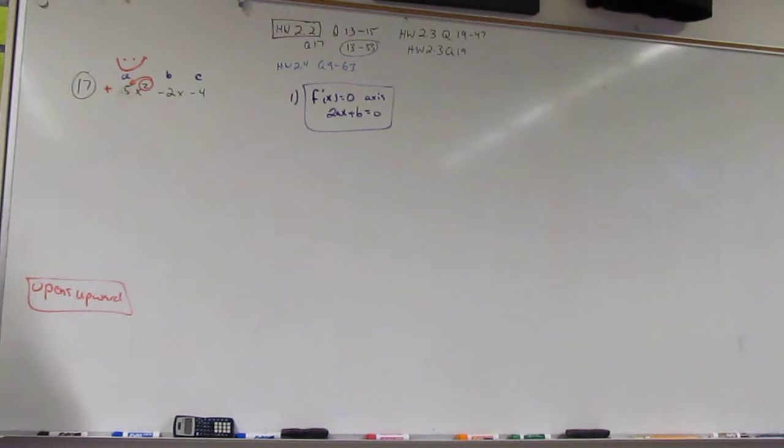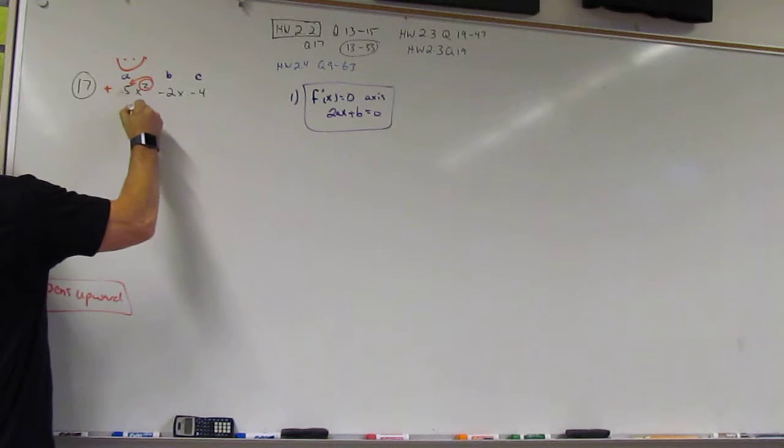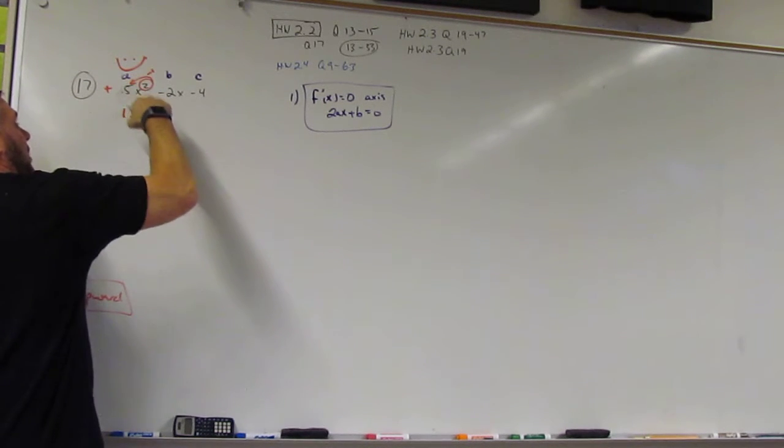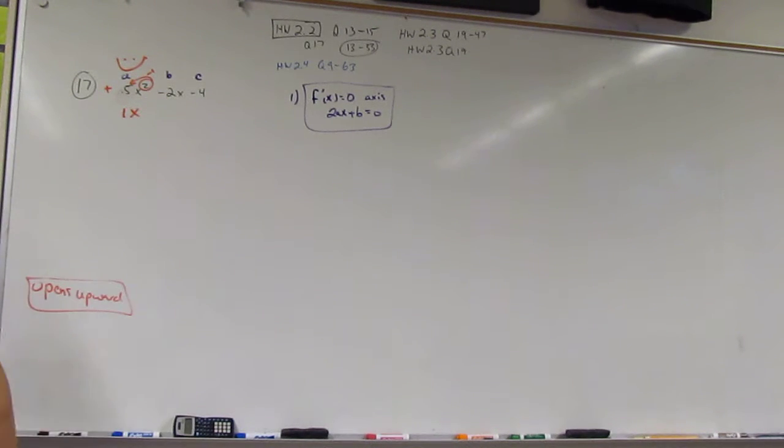What's 2 times 0.5? What's a half times 2? Half of 2. 1. So that's 1x. Then you take 1 away from the exponent. So I take 1 away from 2 and I get 1. That's what the derivative is.